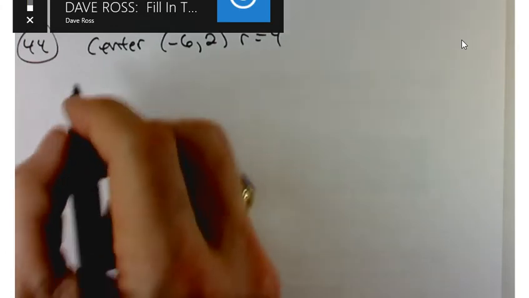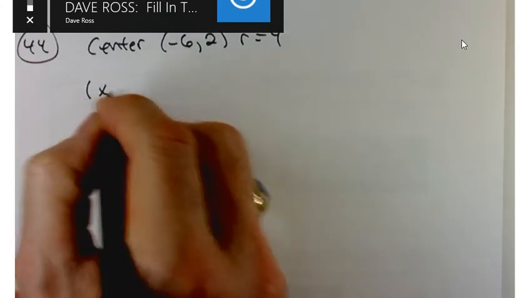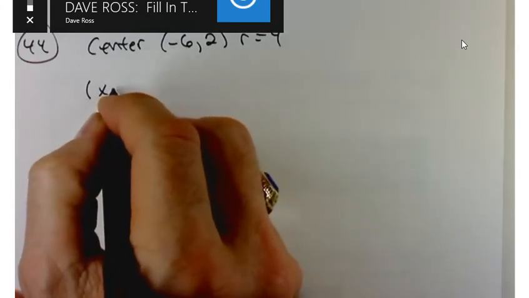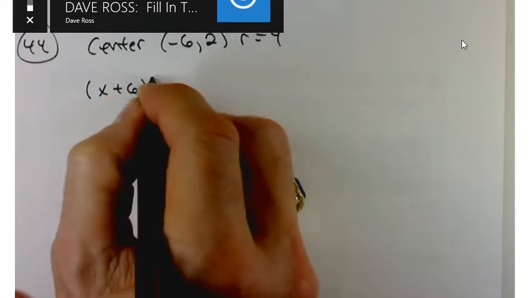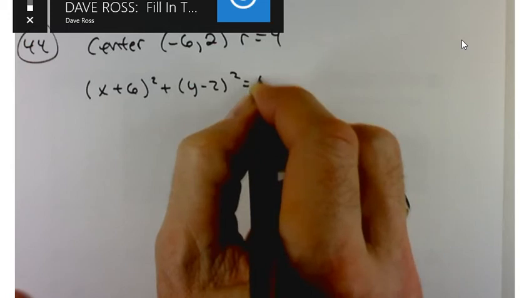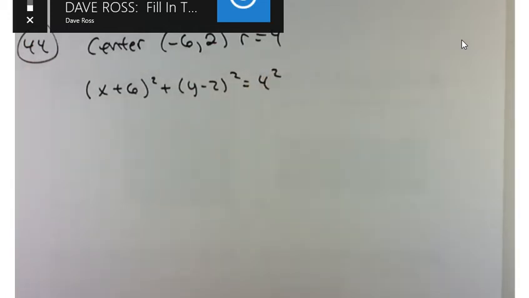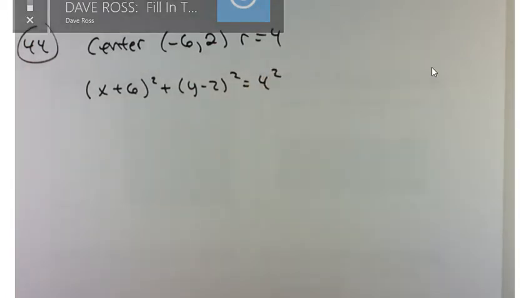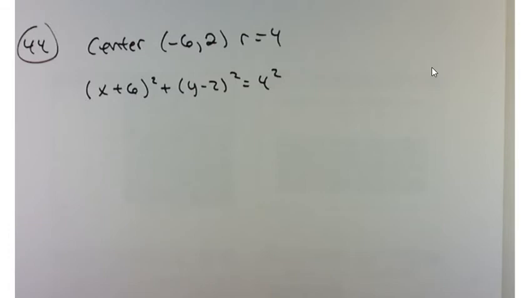Well, that's going to look like x plus 6 squared plus y minus 2 squared equals 4 squared. That's just the generic form of the equation of a circle. But now I've got to parameterize it. Now I've got to write it in terms of x and y.